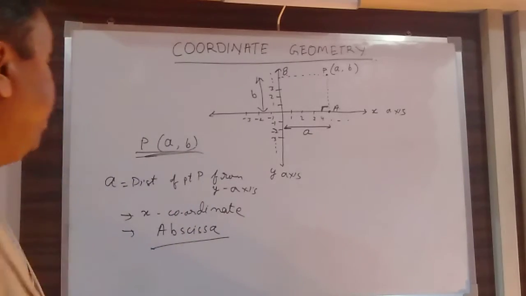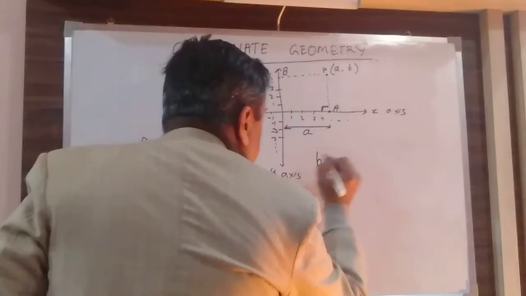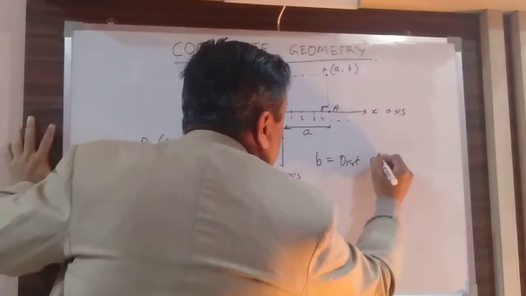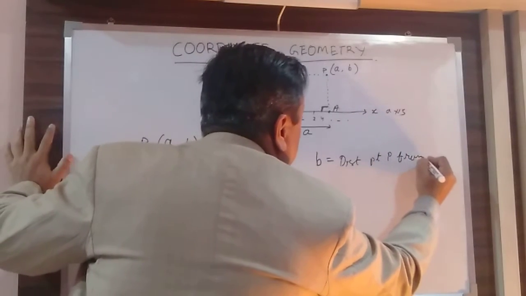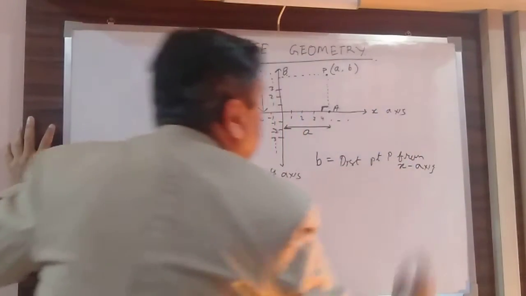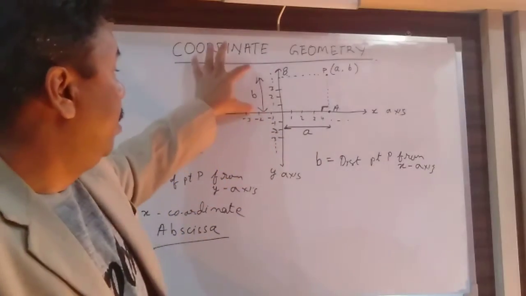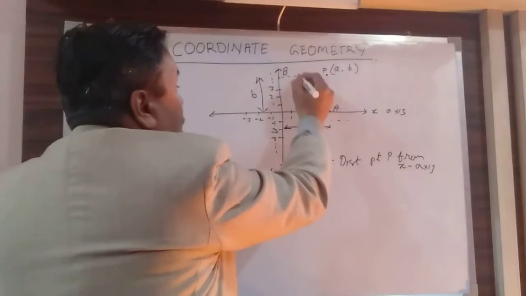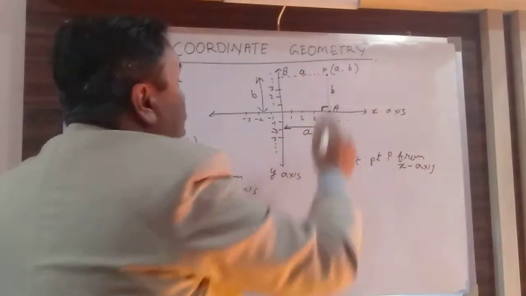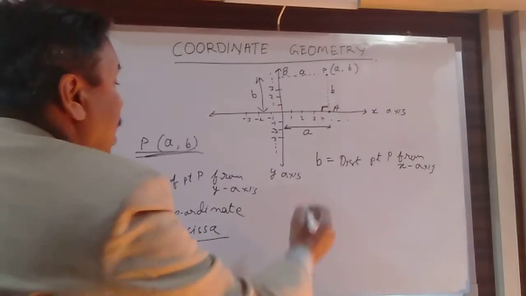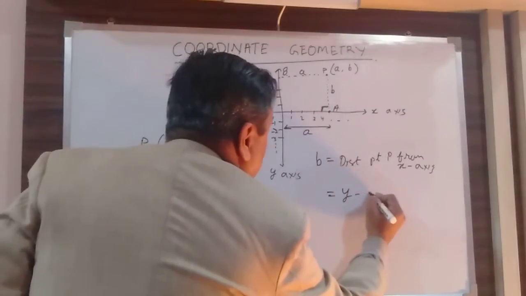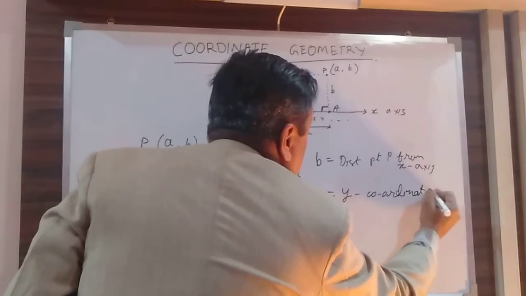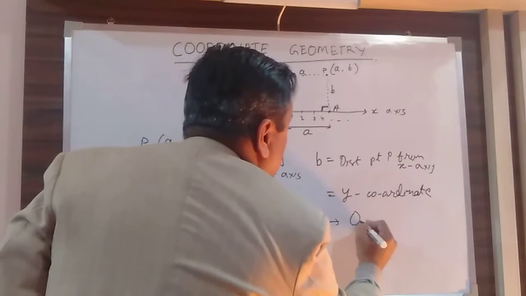Similarly, what about B? B is the distance of point P from the x-axis, because it becomes a rectangle. So this will also be A and this will be B. So the distance from the x-axis is B, and this is called the y coordinate, or the same is also called ordinate.